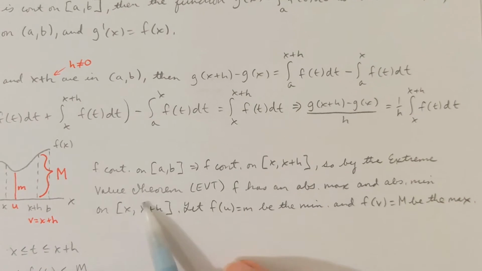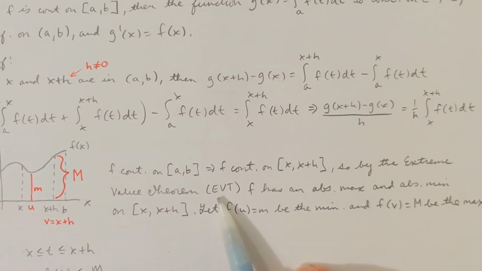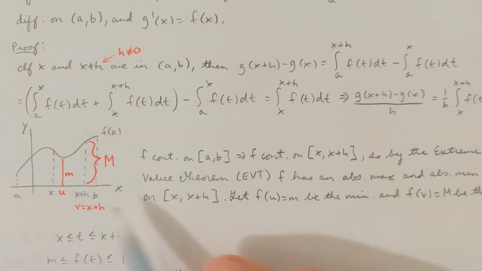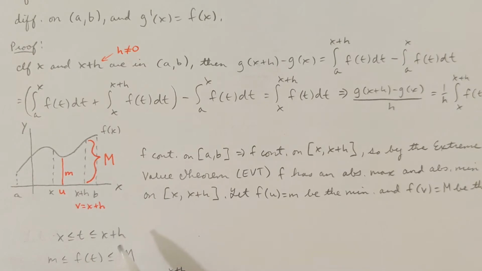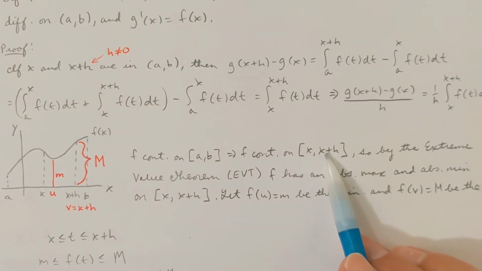So by the extreme value theorem, we talked about that in section 4.1. Remember, the extreme value theorem said that if you have a continuous function on a closed interval, the function has both an absolute max and an absolute min on that interval. So I'm guaranteed to have both an absolute max and an absolute min on this interval x to x plus h.